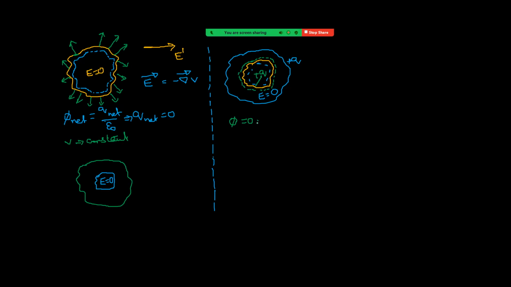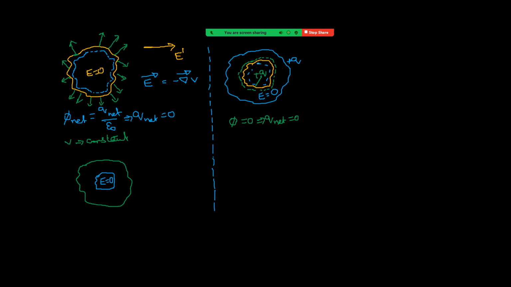Flux zero implies the net charge inside the Gaussian surface should be zero. So from this also we can say that plus Q induces minus Q on the inner face of the cavity. By the field line logic also, it is minus Q. So when this is minus Q, the outer will become plus Q.